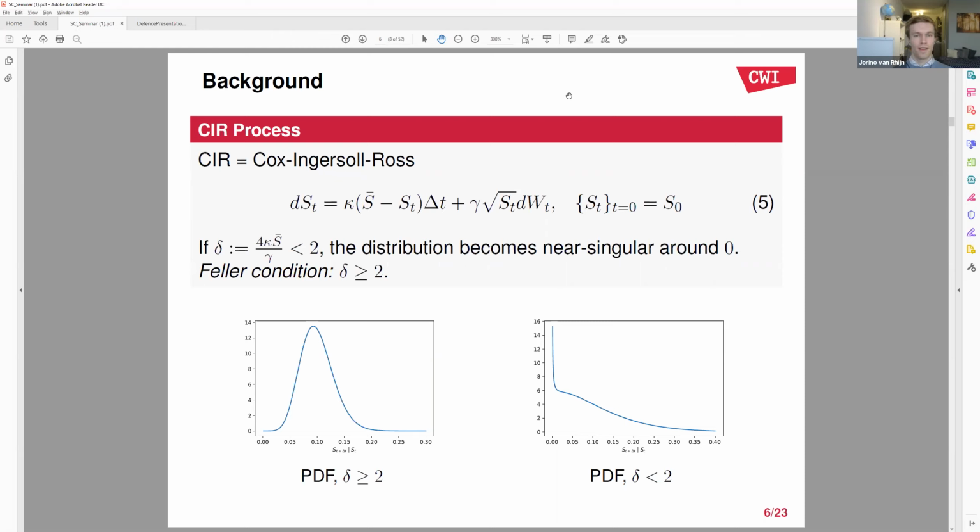And in the case where the degrees of freedom parameter is greater than or equal to 2, then it looks much less dangerous as the other distribution. So you have these two regimes where the distribution looks very different. So this is a more challenging case than just the log normal distribution that you get out for geometric Brownian motion.